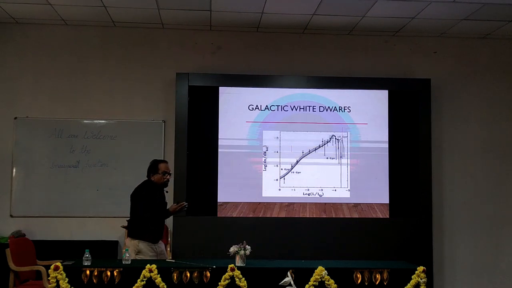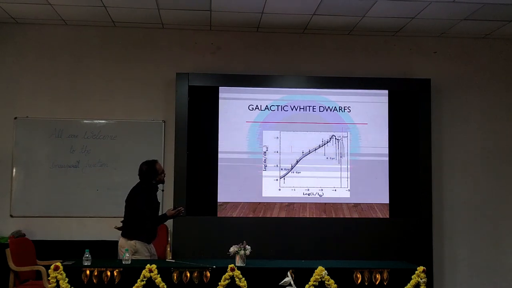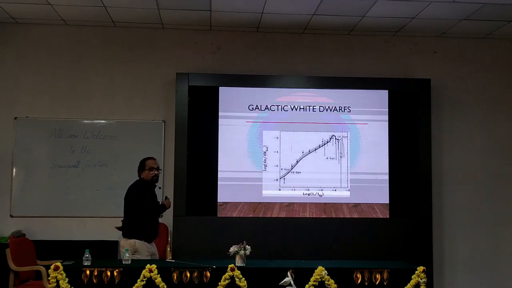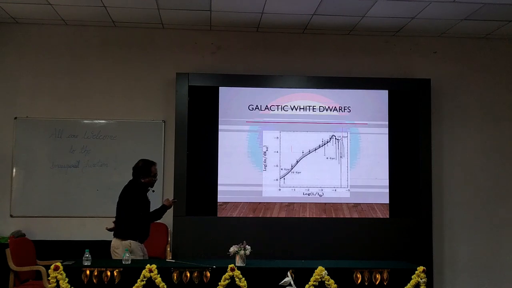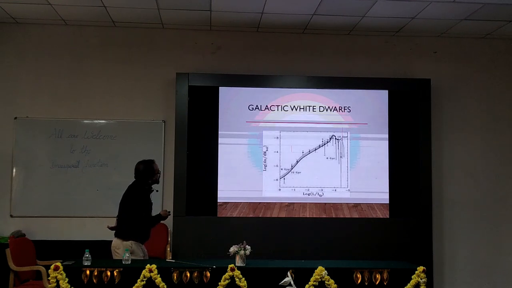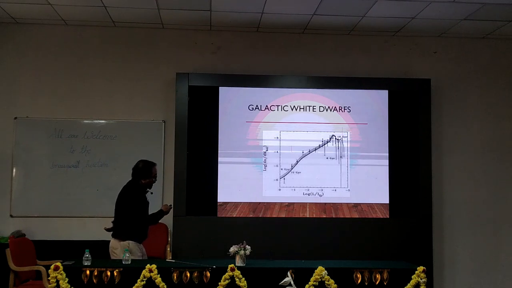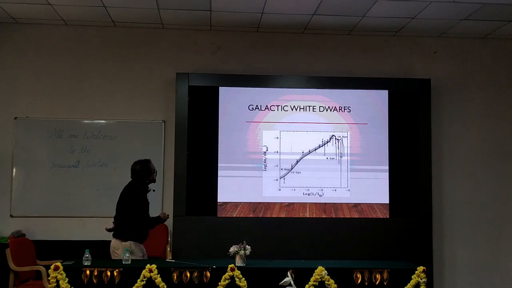Using the cooling rate, you can estimate the age of the white dwarfs for that to be the case, and that would give you an upper limit on the age of the galaxy. So people have used white dwarfs to estimate the age of the galaxy.